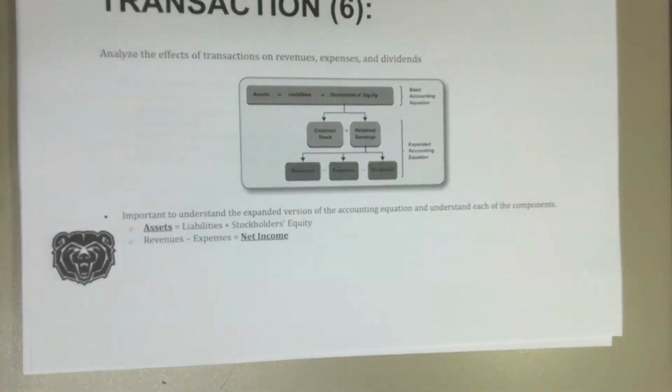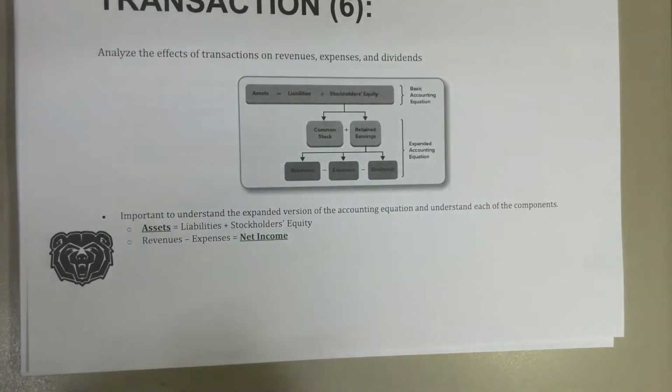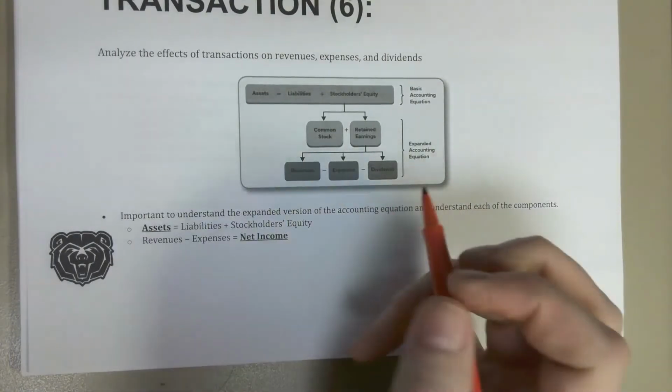So here is us taking a look at the transaction itself. Okay. We really need to understand the expanded version of the accounting equation and understand each of the components of the accounting equation. We talked about that briefly in one of the other videos, but I cannot understate the importance of not just memorizing this equation, but understanding it, understanding the components of it.